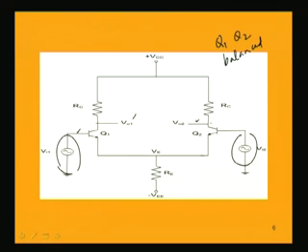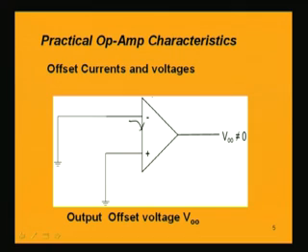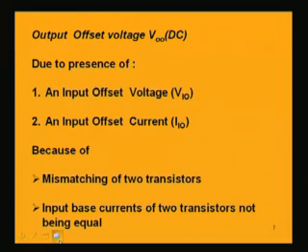IB1 and IB2, if they are not exactly equal, then due to the unbalanced base currents, there will be a current at the input terminal of the op-amp. Because these two base currents are not equal, due to the unbalance of these two input base currents, we will get an output voltage. So, we have the output voltage available even if you make the input terminals grounded.